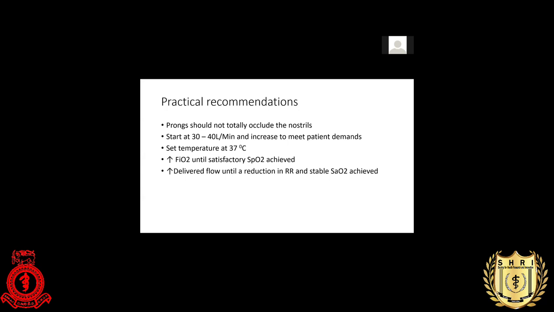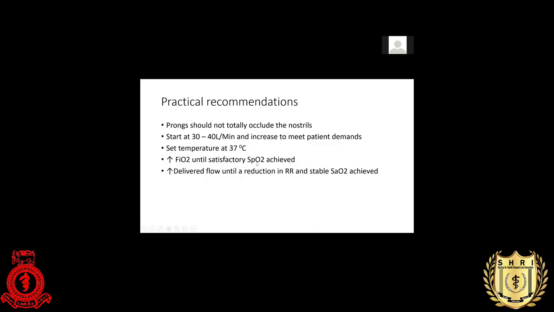But some international guidelines say start with 30 to 40 liters per minute, and you can increase according to patient demand. And as I mentioned earlier, you have to set the temperature that will give comfort to the patient. And you can increase the FiO2 until you get a satisfactory SpO2.